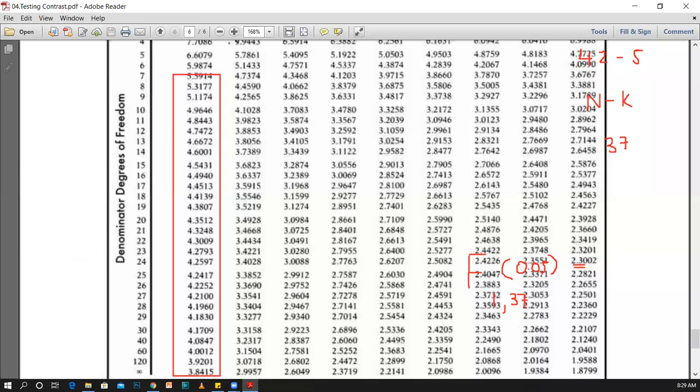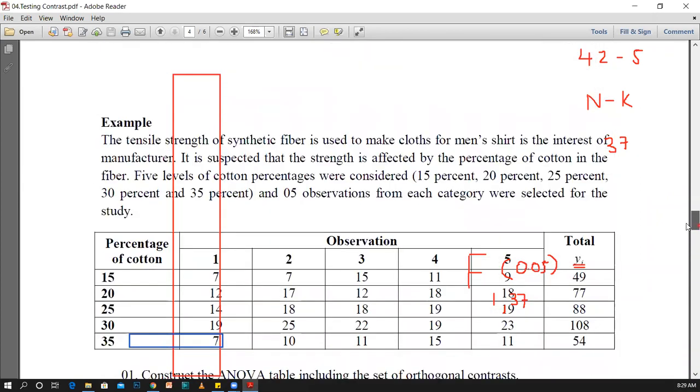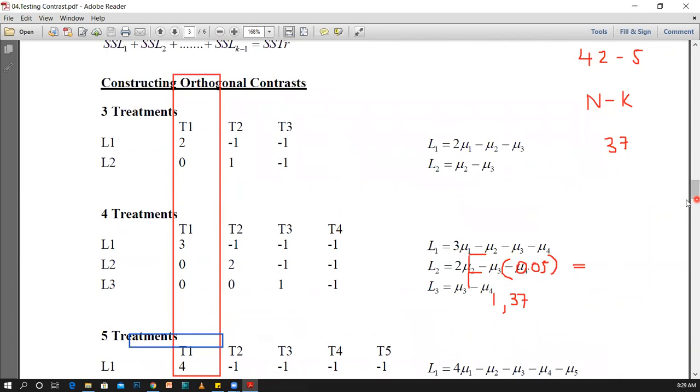In this table 37 is not provided, therefore the closest value to 37 is 40, so I will take this value. Therefore the value that I am considering as the critical value is 4.0847. Now we will compare these values.